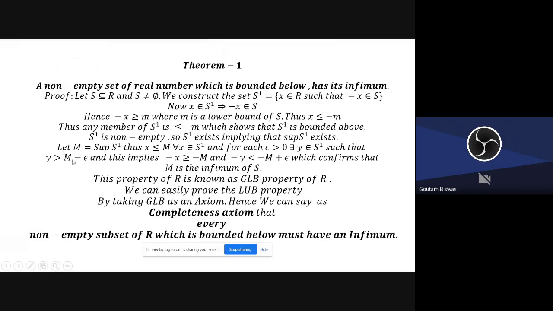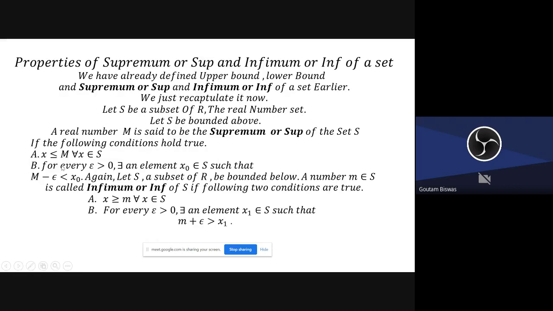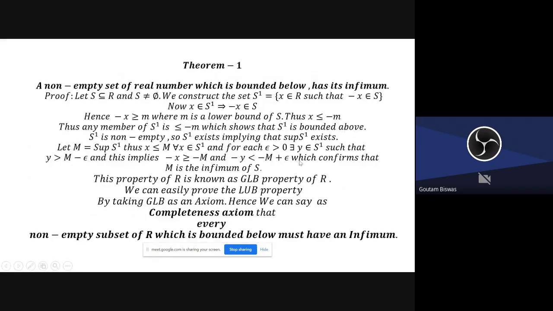Let M be that supremum of S1. Thus, any x belonging to S1 must be less than or equal to that supremum M. And for each epsilon, as we have seen in the earlier supremum property, there exists y in S1 such that y is greater than M minus epsilon.